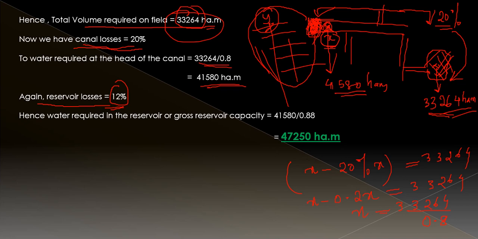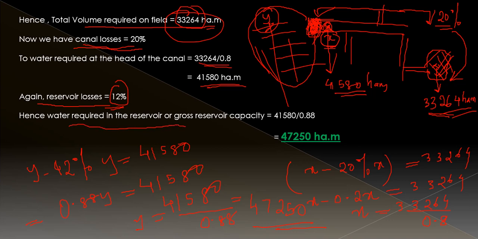That means, let us say, Y minus 12% of Y is equal to 41580. That is equal to 0.88 Y is equal to 41580. Y is equal to 41580 divided by 0.88. That is equal to 47250. So that is what we have done here.